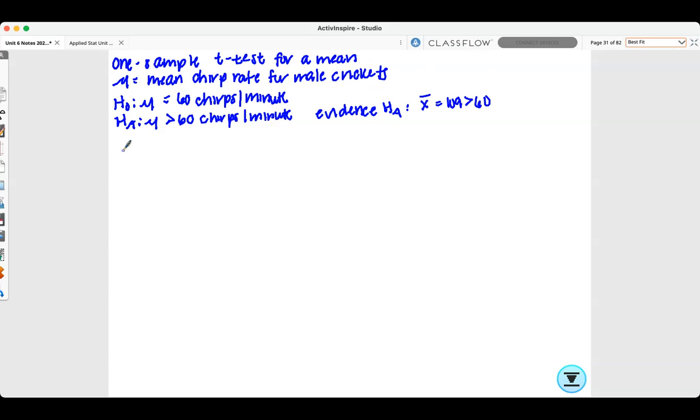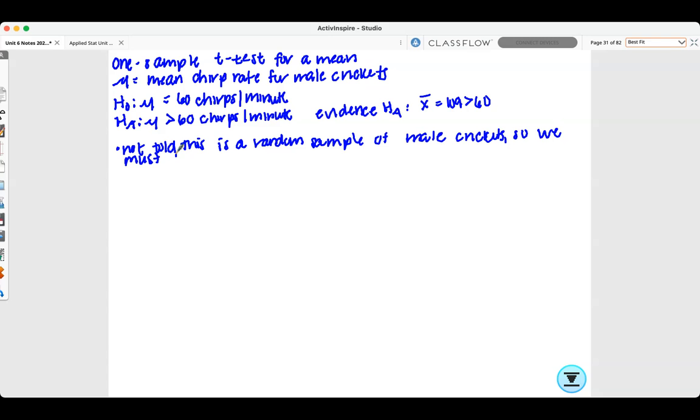So now we need to check our conditions. We weren't told this is a random sample of male crickets, so we must assume this sample represents the population. n equals 32, which is greater than 30, so we have a large enough sample.